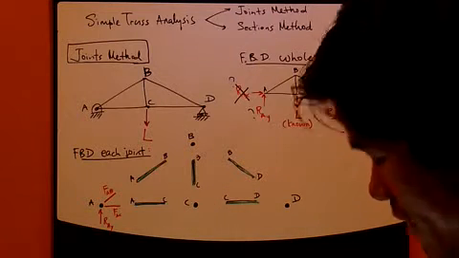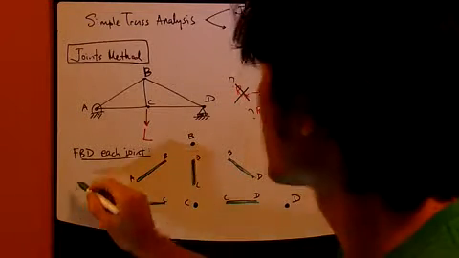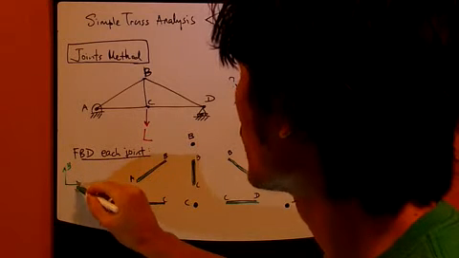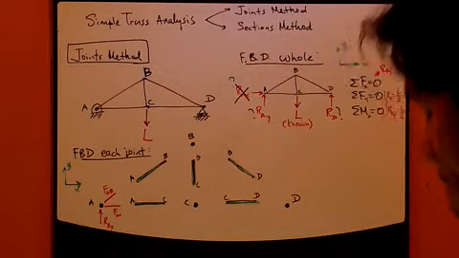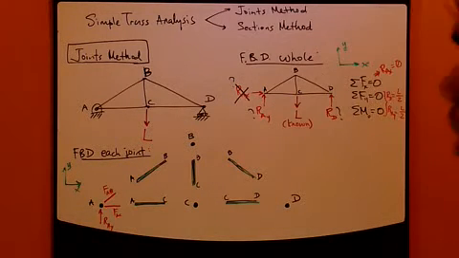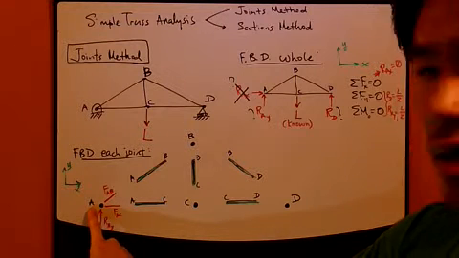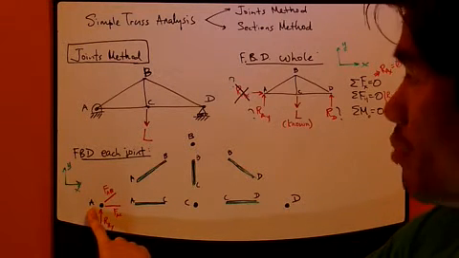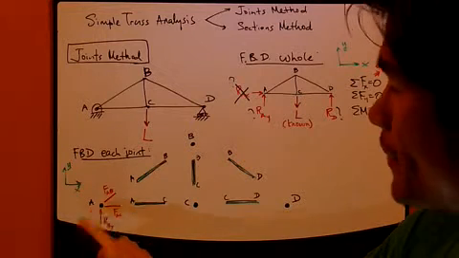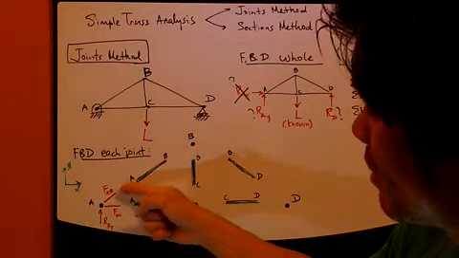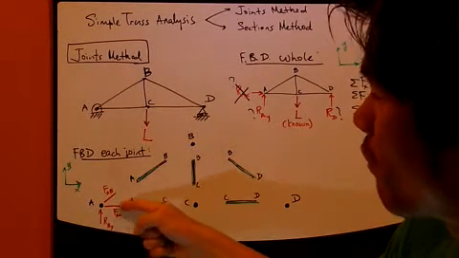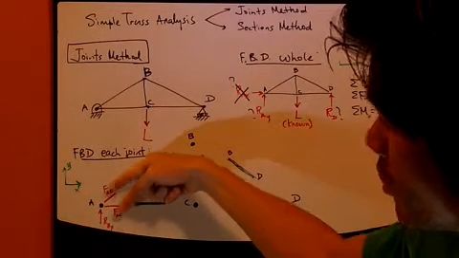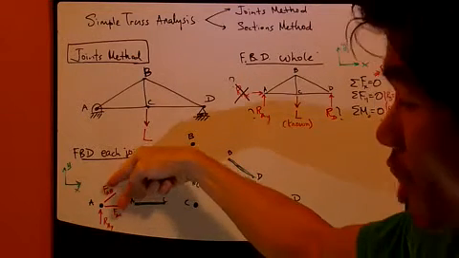Now, with our coordinate system set up this way, X going to the right and Y going up, in order for this joint A to be in equilibrium, and that's the key, and joint A being subject to these three forces only, nothing else, you have this reaction force and these two forces, which are unknown at this point.